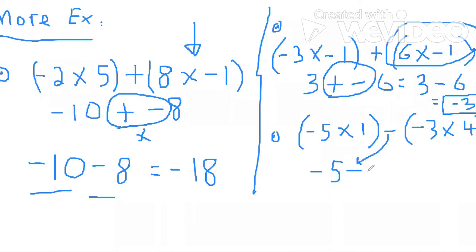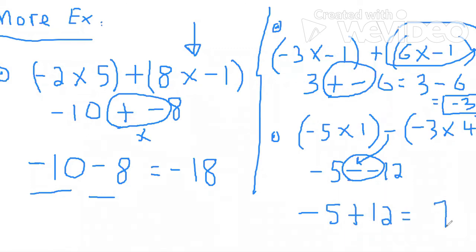Negative and positive gives you a negative. 3 times 4 is 12. These 2 signs give you a negative. Right. Then Mr. Brown, when I work out Mr. Brown's business, I get what? $7. So that's the answer.